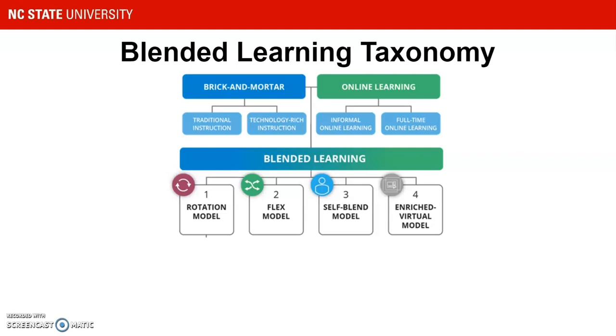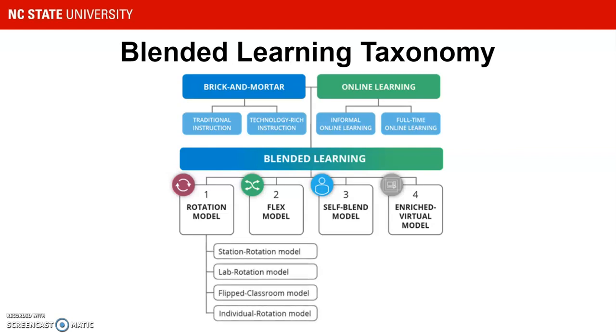The rotation model is subdivided into four common implementations: station rotation, lab rotation, flipped classroom, and individual rotation. The other models will likely develop subcategories as they mature and as researchers deepen their understanding.